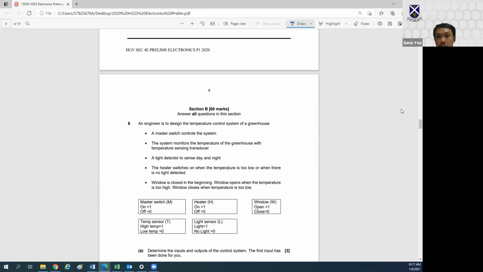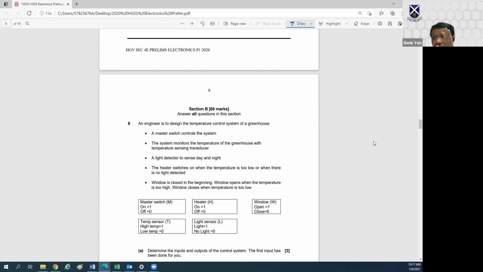Okay, now we go on to section B. So section B is where a lot of the application questions appear. So you not only have to know your content, you have to know how it is applied. So to study it, you just need to be able to understand all the components, and you must know how the components work.